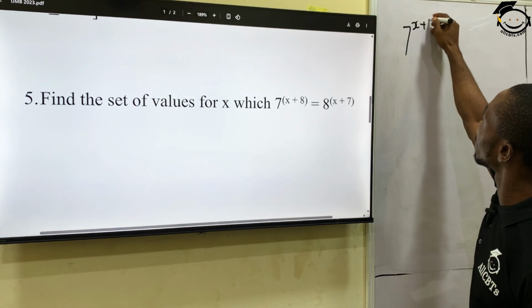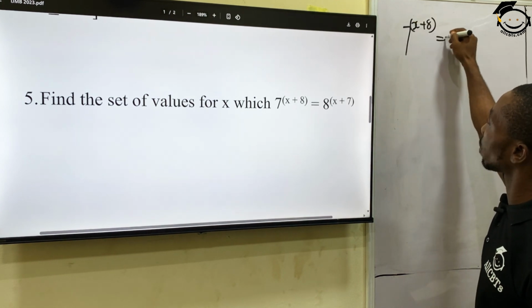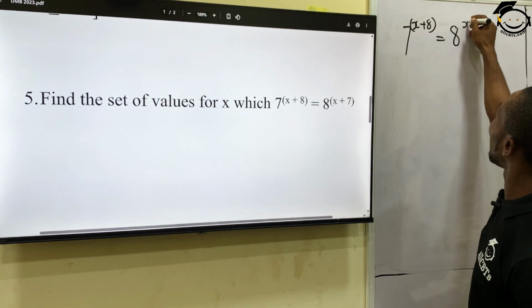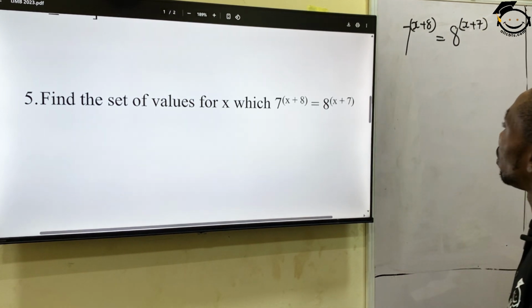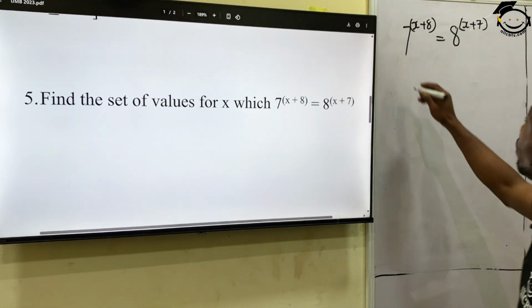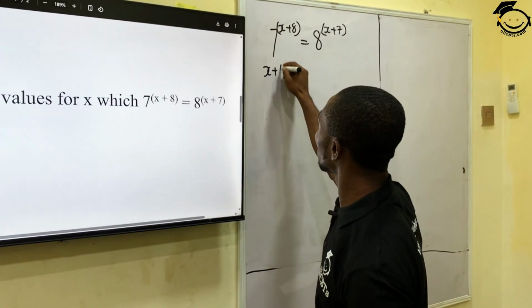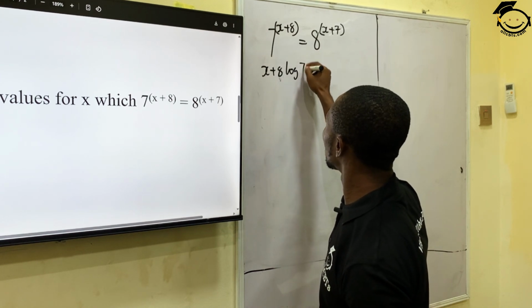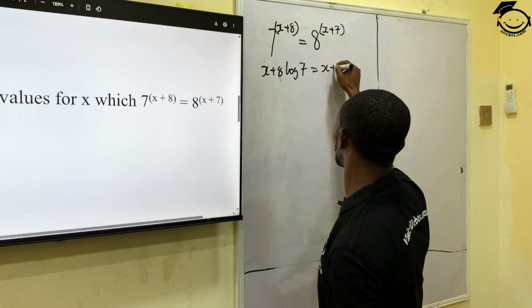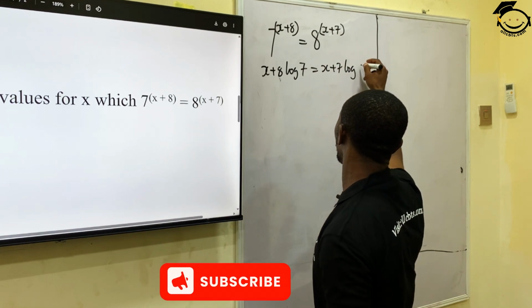Find the set of values for x for which 7 raised to the power x plus 8 is equal to 8 raised to the power x plus 7. Now we are going to apply our logarithm law, which says x plus 8 log 7 equals x plus 7 log 8.